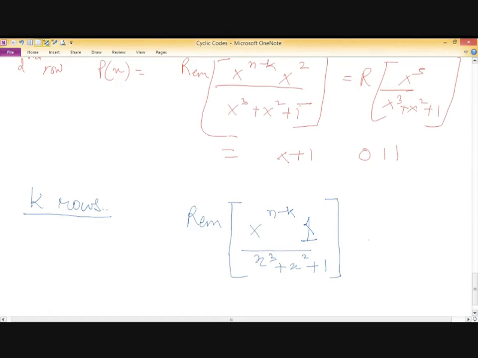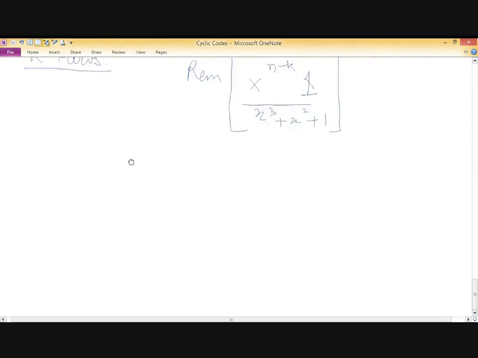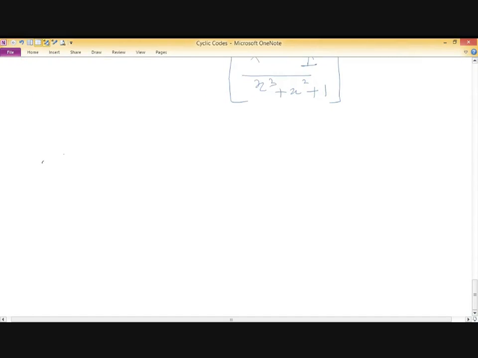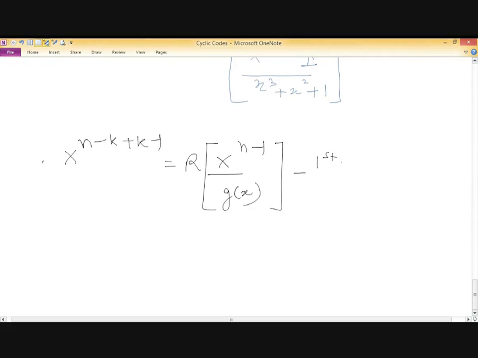हम लोगों ने directly एक फॉर्मूला बना लिया. We have formulated how rows will be found. तो फर्स्ट रो कैसे मिलेगी, x to the power of n minus 1 divided by g of x. Remainder of this will give you first row. Similarly, remainder of x to the power of n minus 2 upon gx will give you second row.